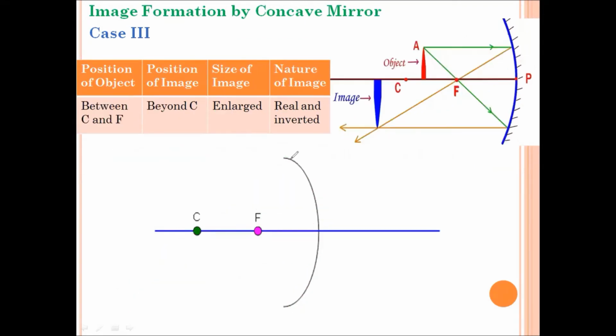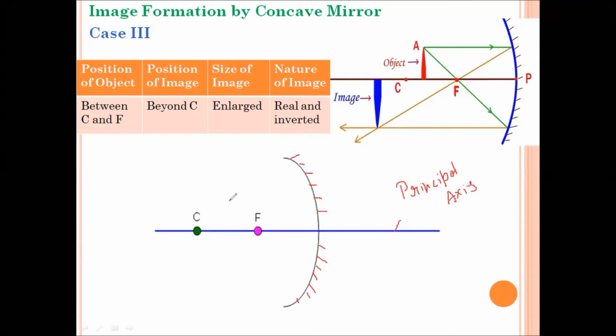Now we have case number 3, when object is placed between focus and center of curvature of a concave mirror. Here we will use rule number 1 and rule number 2. Rule number 1, if a ray falls parallel to the principal axis, then it passes through the focus.